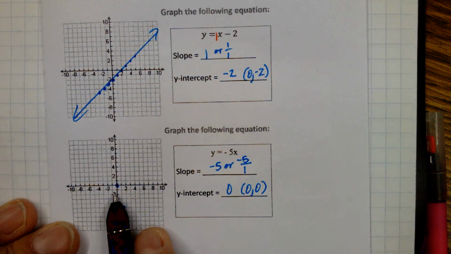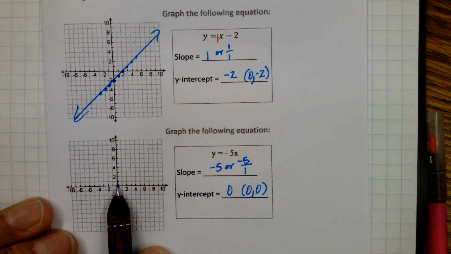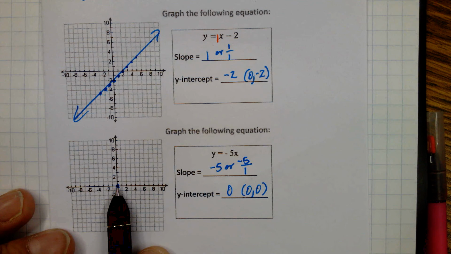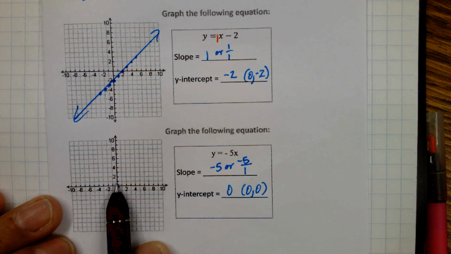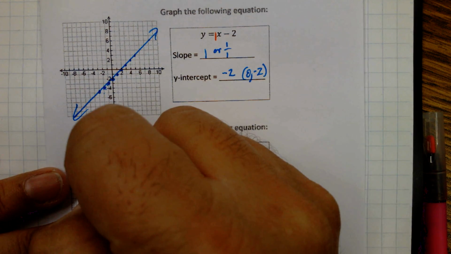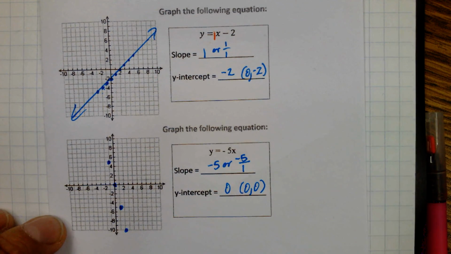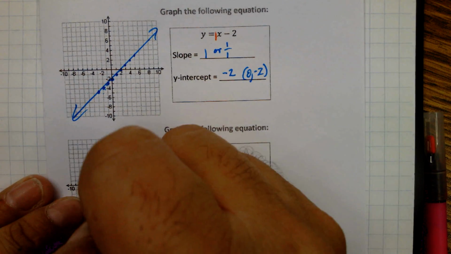What if I wanted one more point and I can't go down 5 to the right 1? What else could I do? Can I go up? Up 5 and to the left, yeah. See how I got another point that way? Up 5 and to the left.